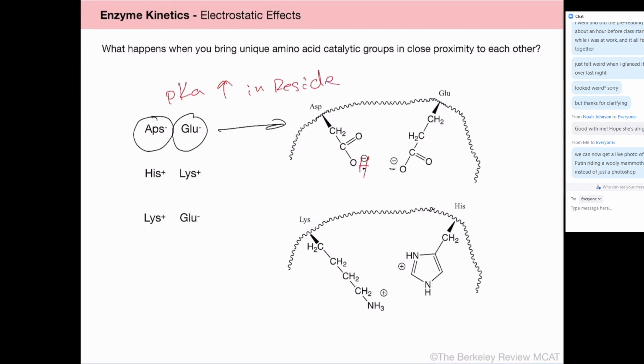And then what about two positive ones? It's going to be the exact opposite. They hate this electrostatic positive charge effect. So the pKa is actually going to go down in one of the residues, allowing it to be deprotonated.